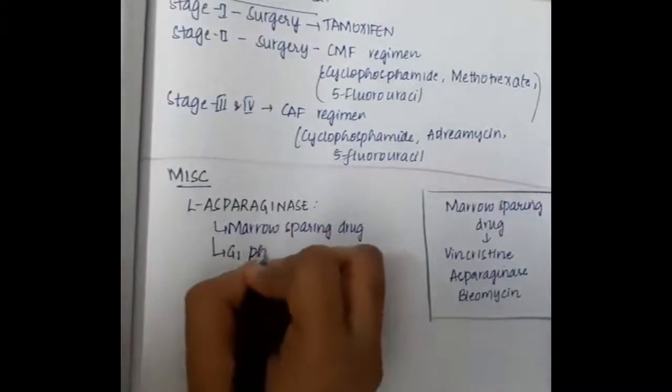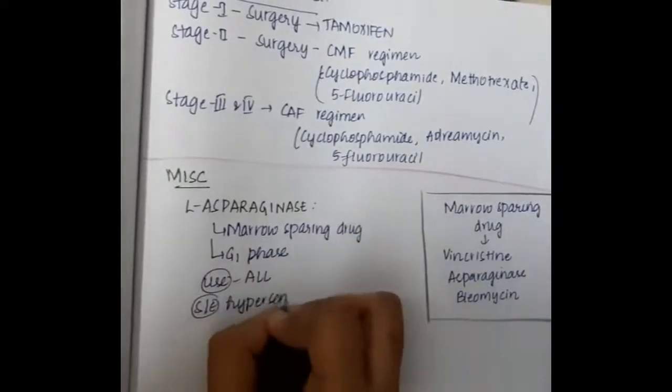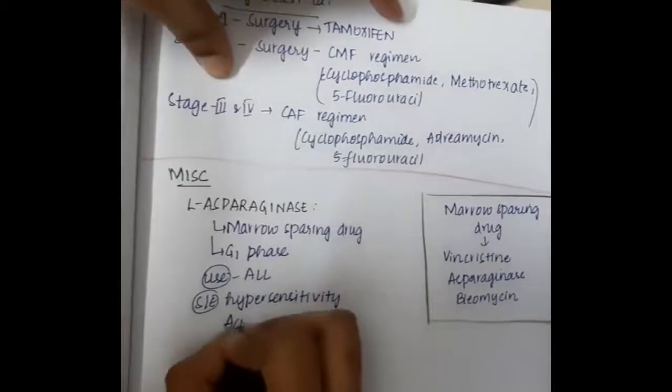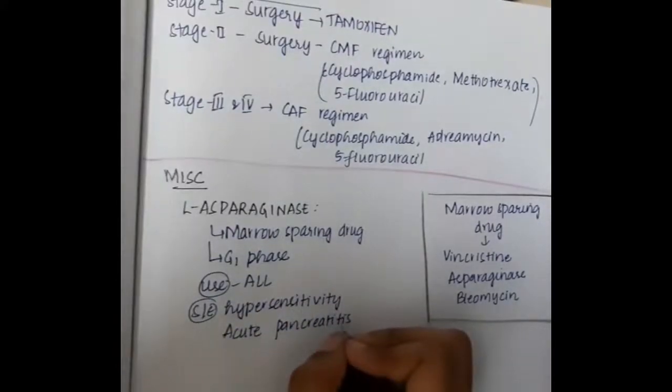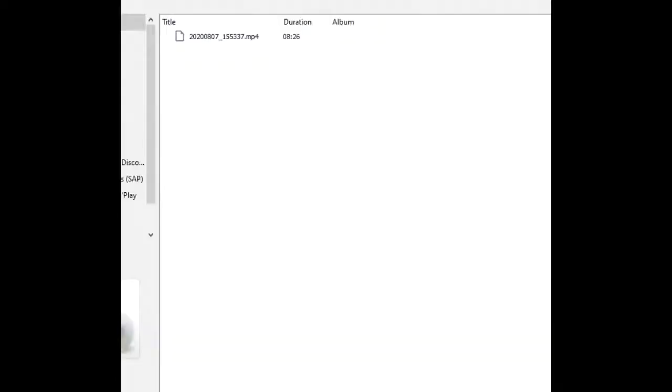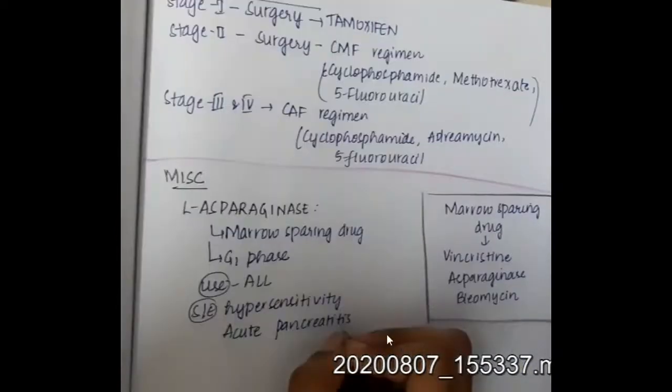L-asparaginase is a marrow sparing drug which acts in the G1 phase and is used in acute lymphocytic leukemia. Hypersensitivity reaction and acute pancreatitis are seen as the side effects of asparaginase.